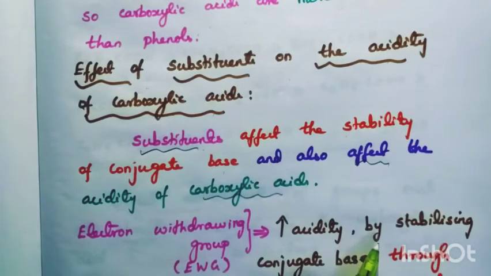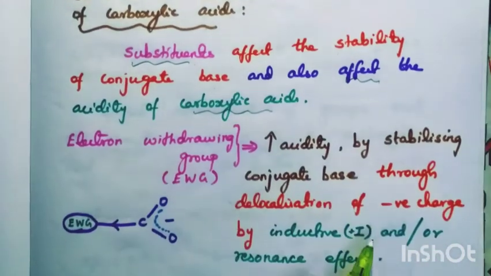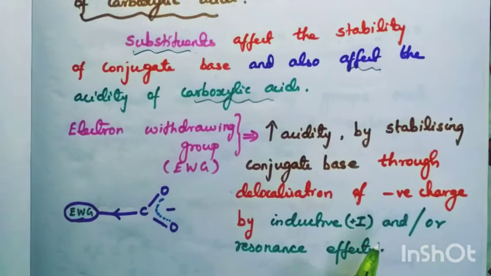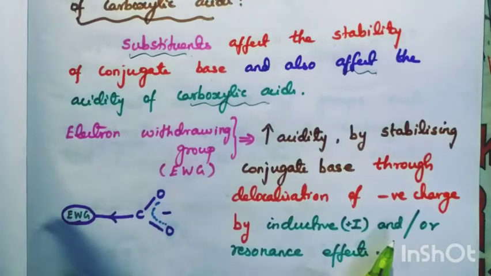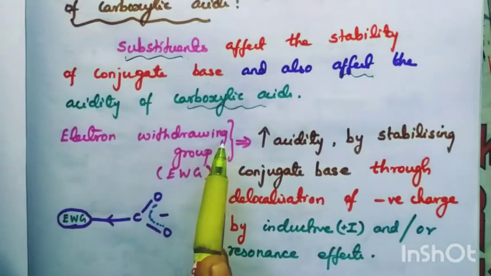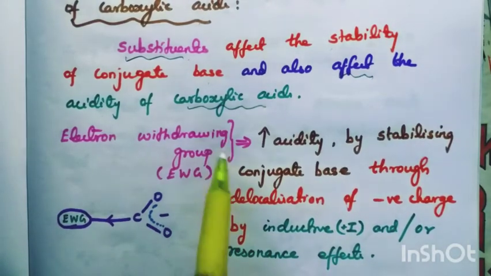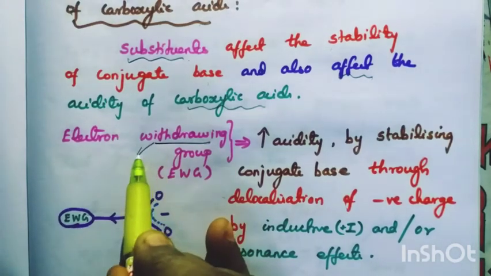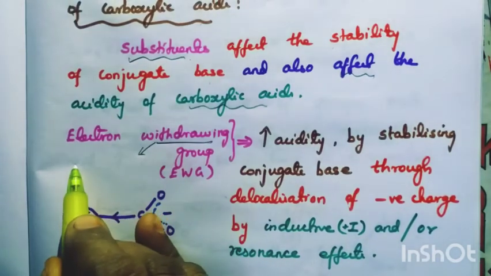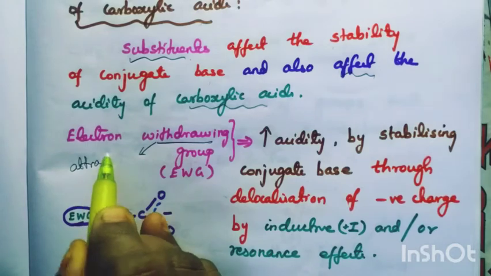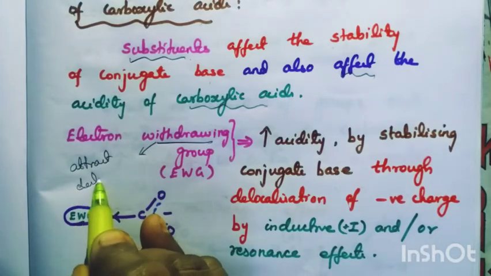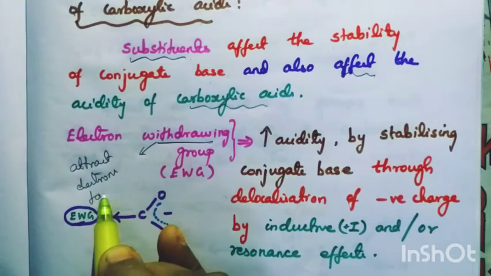Now, if an electron withdrawing group is there, that means a group which has a tendency to attract the electrons towards itself.